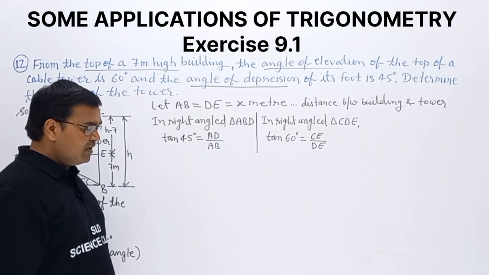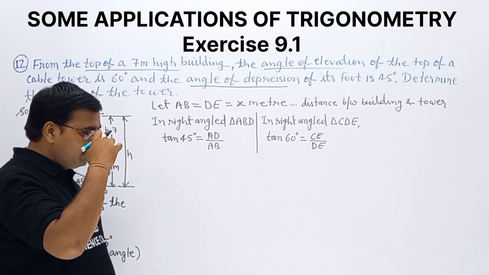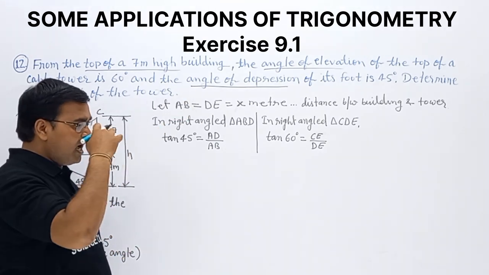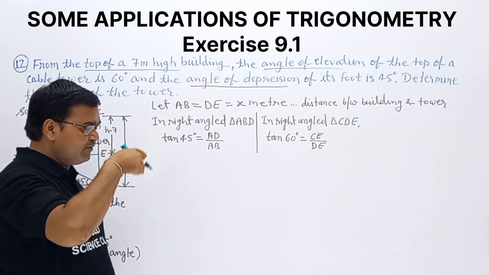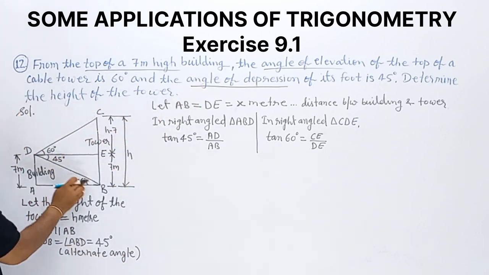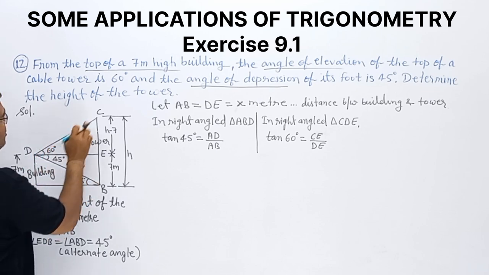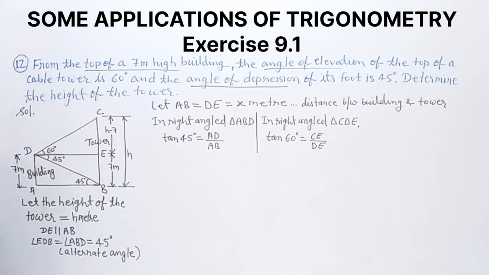Once we lower the head, the eyes with the horizontal line make the angle of depression. Clear? So the angle of depression of the foot of the tower is 45 degrees, and the angle of elevation of the top of the tower is 60 degrees from the top of the building. These things are in the question.